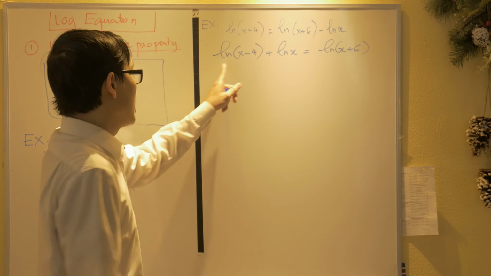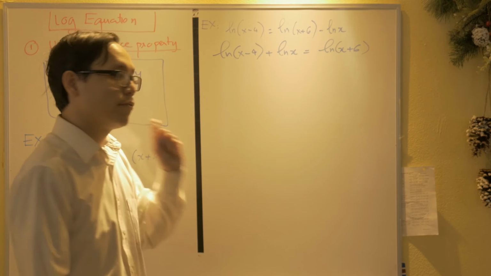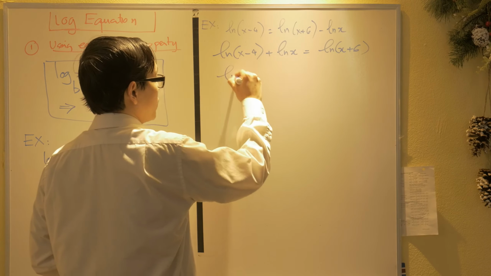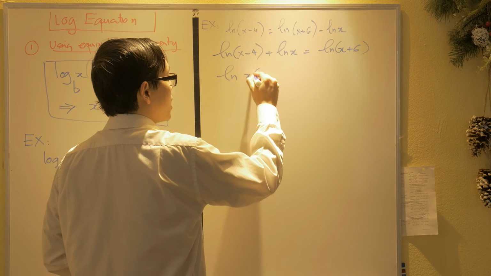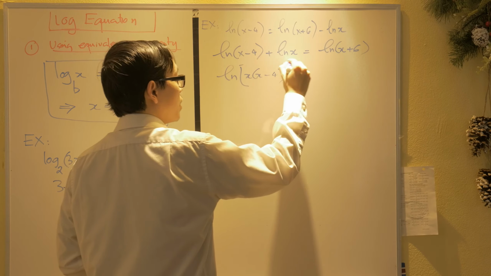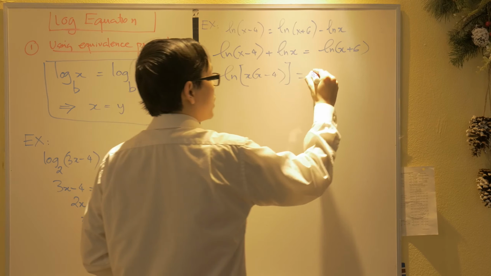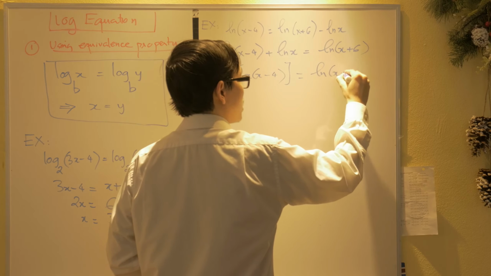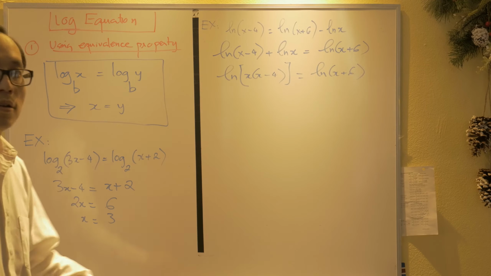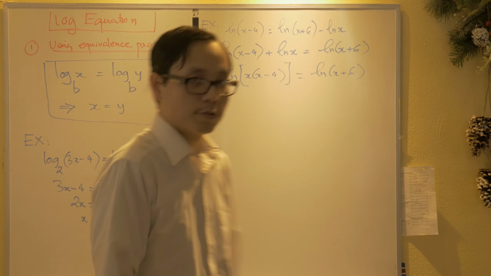Now I add the two logs together, and it gives you the product: ln of x times x minus 4, and over here ln x plus 6. Okay, now I successfully brought it back to two logs.